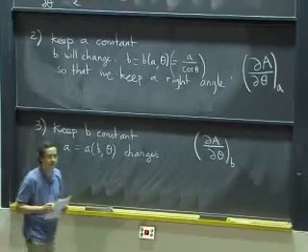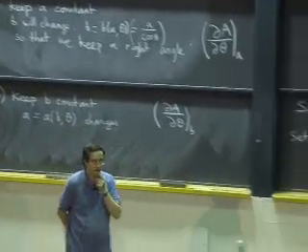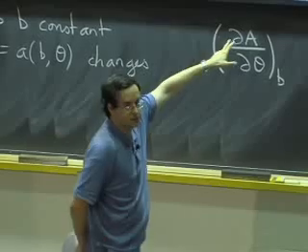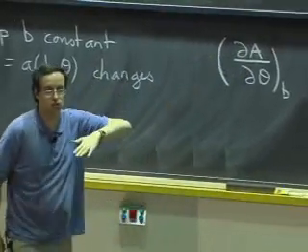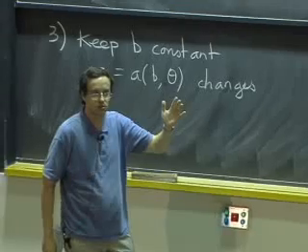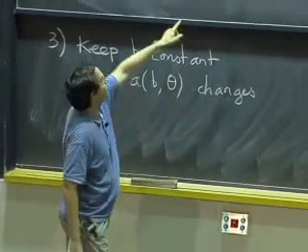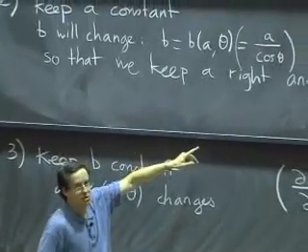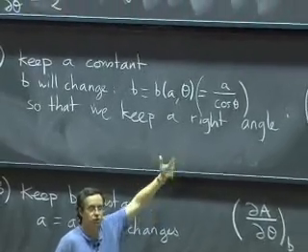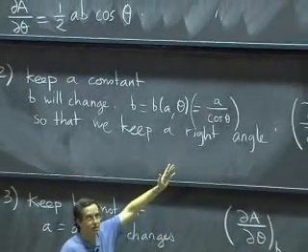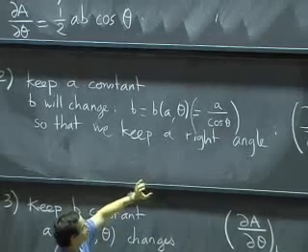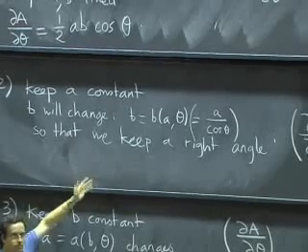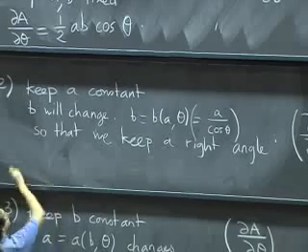Yes? No, we don't keep theta constant. We vary theta, right? The goal is to see how things change when I change theta by a little bit. Okay, so if I change theta a little bit and I keep A the same, then B has to change also in some way so that it stays a right triangle. And then because theta and B change, that causes the area to change. Okay, so maybe I should re-explain that again.